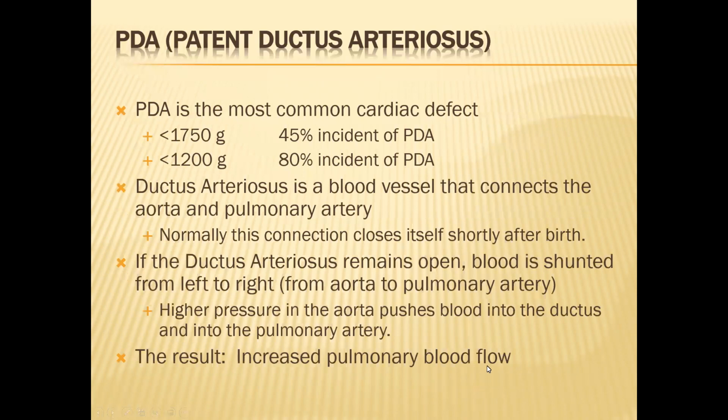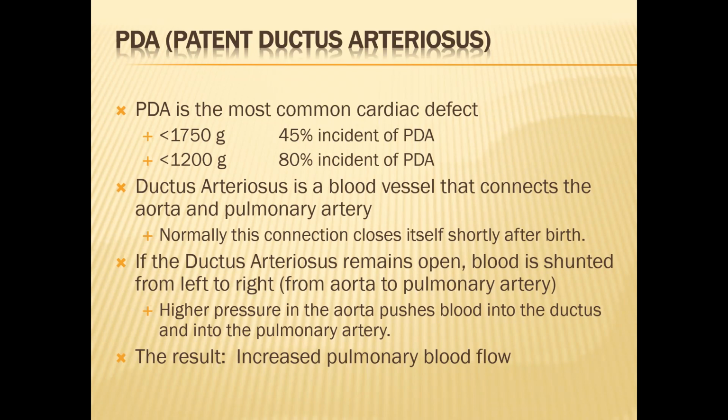So the most common cardiac defect is a patent ductus arteriosus. And the more premature the newborn, the higher the incidence of them having a ductus arteriosus. So the ductus arteriosus, we know, is a blood vessel that connects the aorta and the pulmonary artery. Normally, it closes itself shortly after birth.